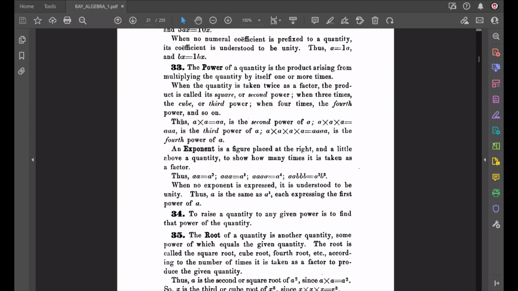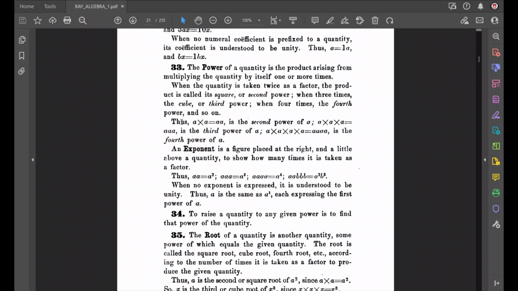So back to our lesson 33 here. When a quantity is taken twice, the product is called the square or second power. When it is taken 3 times, it's called the cube or the third power. And this is just vocabulary. There's nothing to understand, no magic.